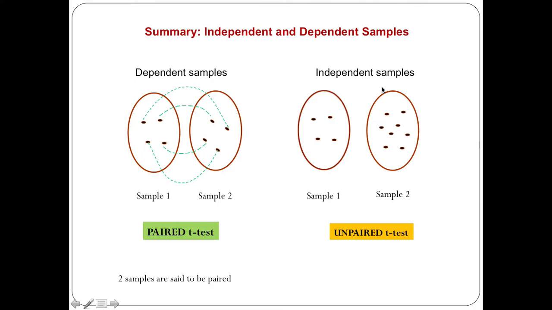So they are independent, whereas here they are dependent on each other. For the dependent samples, you will do the paired t-test, whereas for the independent samples, it is the unpaired t-test. As you can see, the size of the samples or subjects can be different in the two different populations.